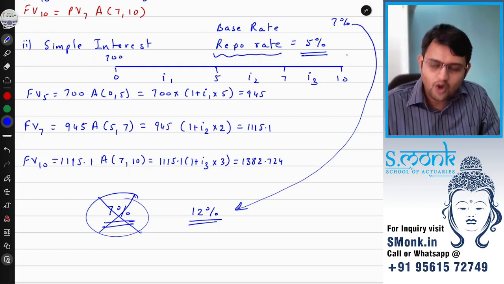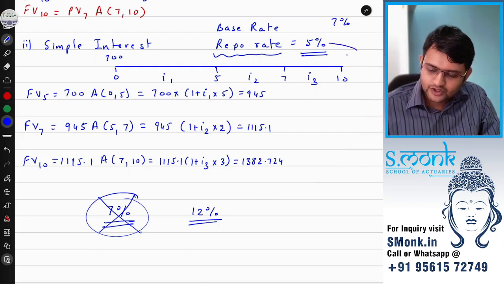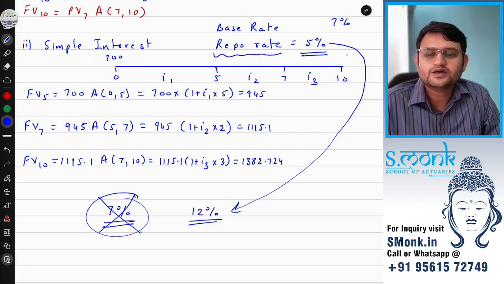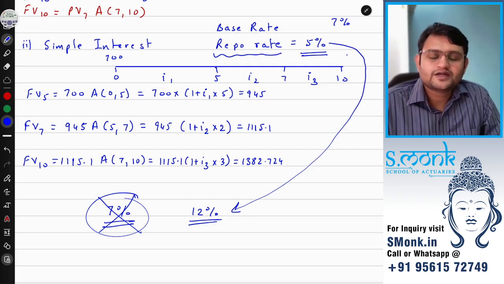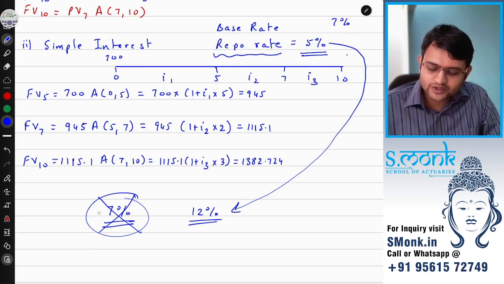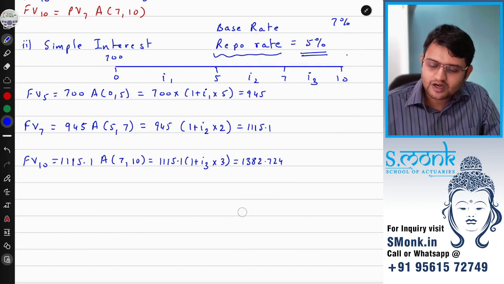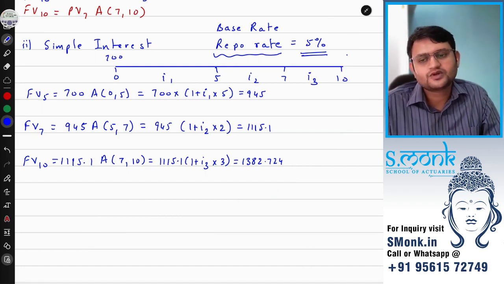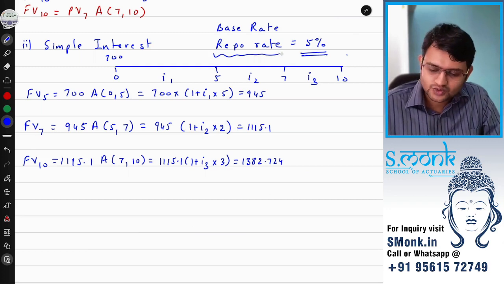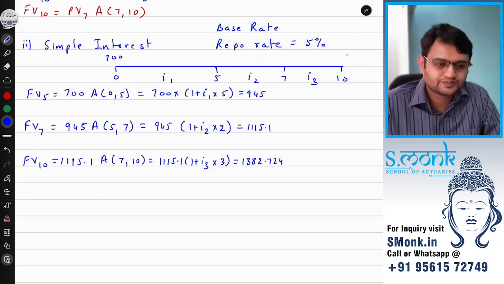Or we'll compare it to the repo rate: you are taking around 7% more risk than the repo rate, and that is why they offer you that much more. Right, so this is how the rate of interest a bank would keep is usually calculated. This is the risk versus returns ratio. You will learn that in CM2.